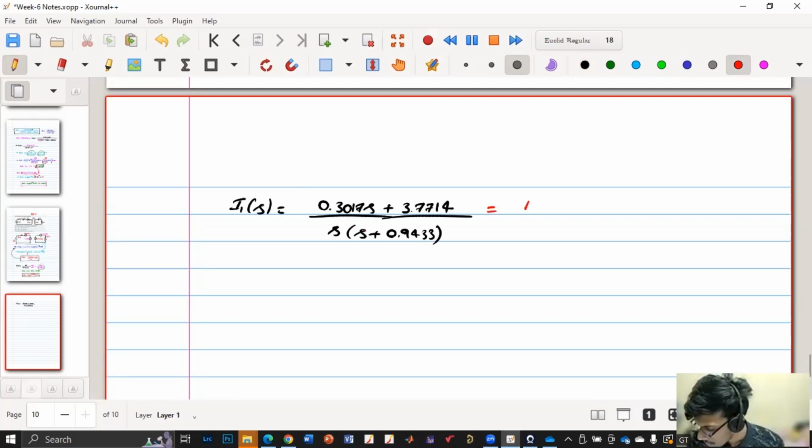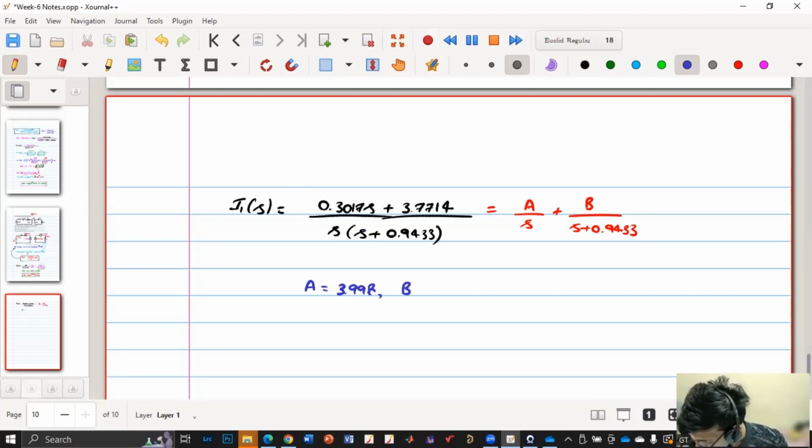Now it can be done with partial fractions. We can use a by s plus b by s plus 0.9433. If you apply partial fractions and solve for a and b, I was getting a as 3.998 and b as minus 3.696.